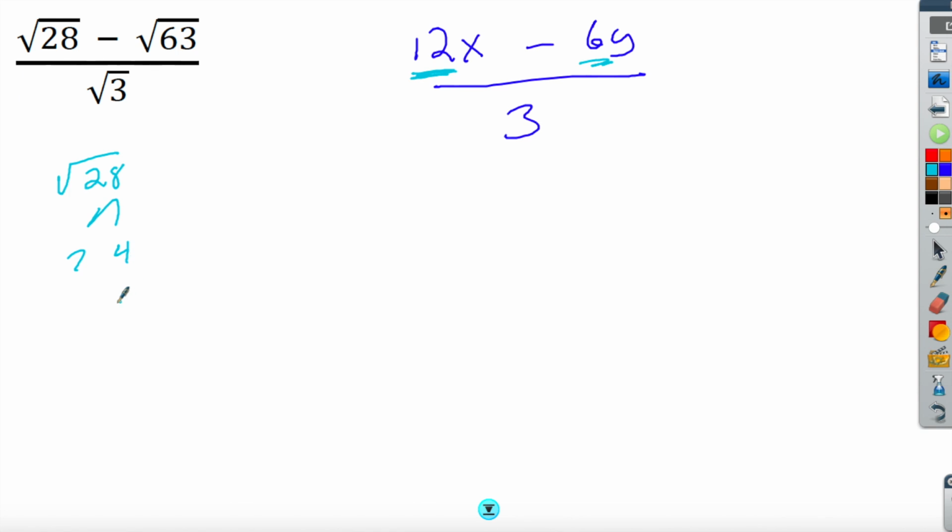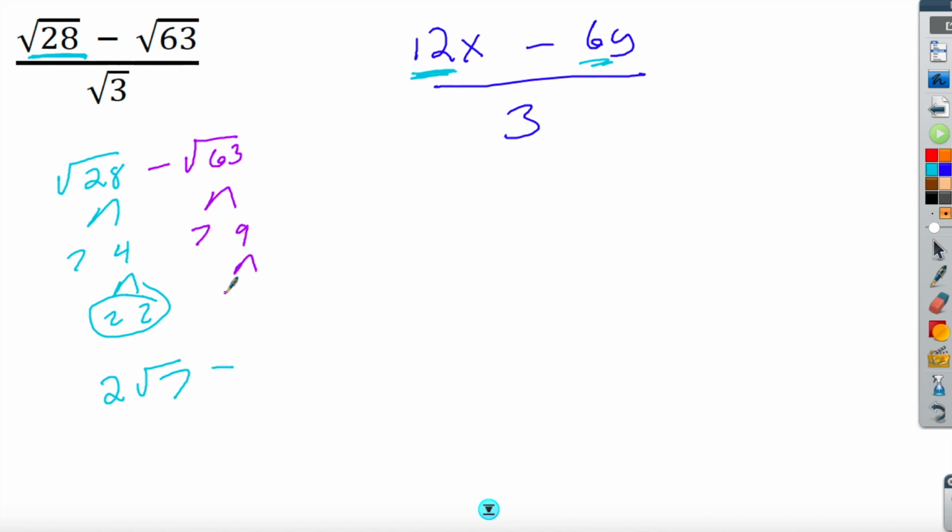That's 7 and 4, and this is 2 and 2. So this radical 28 is really 2 radical 7 minus, and I'm going to look at this one now. Here I have minus radical 63. Two numbers that multiply to 63 are 7 and 9, and two numbers that multiply to 9 are 3 and 3. So then I'm going to have minus 3 radical 7 all over radical 3.